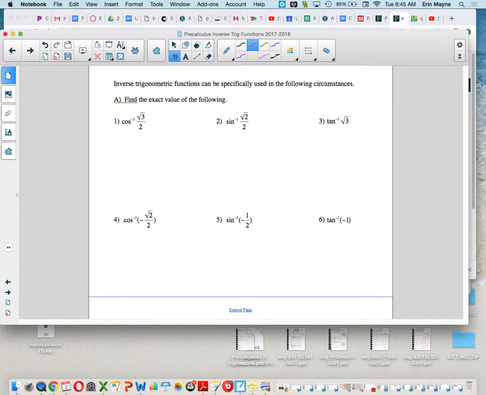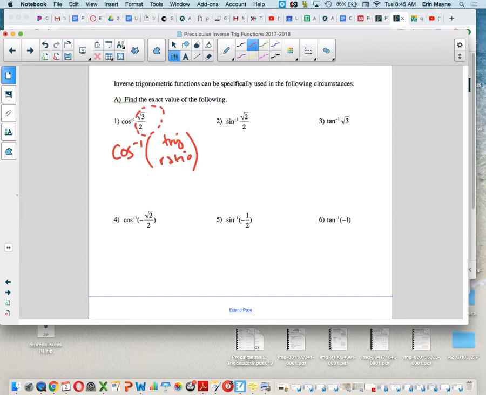Inverse cosine of root 3 over 2 is the most basic question I can ask off this conversation. So first of all, let's remember, what did we say my inverse is representing? The inverse of a what? Very good. It is a trig ratio. I have a trig ratio.